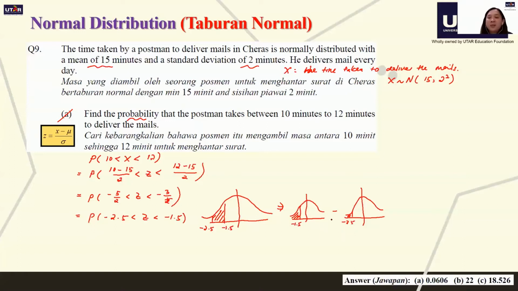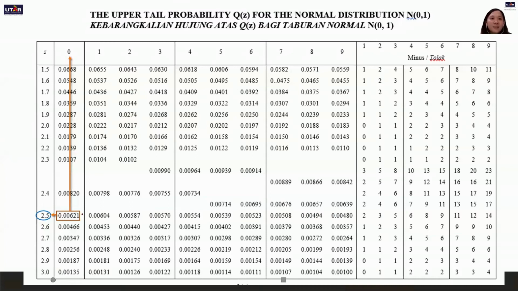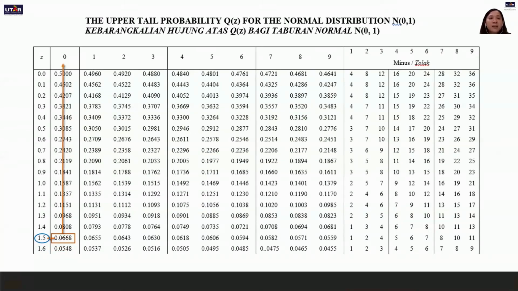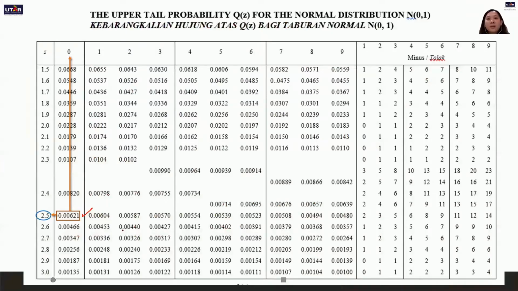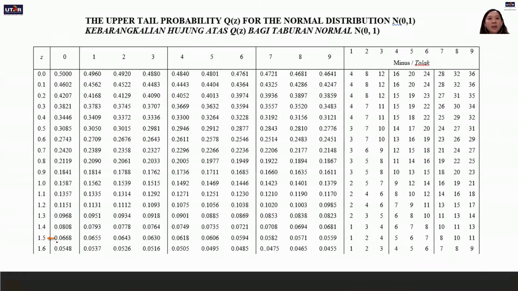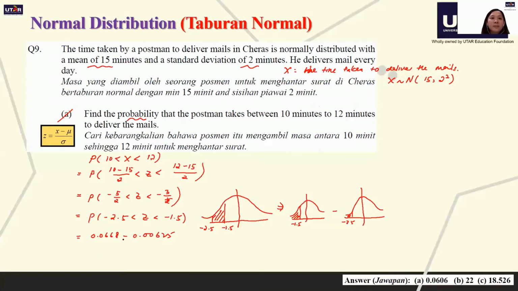Let's see what we have from the table values of 1.5 and 2.5. So 2.5 gives 0.00621, and 1.5 gives 0.0668. We write these two values here: 0.0668 minus 0.00621. Sorry, it's 621. Then you find the answer, which is 0.0606.